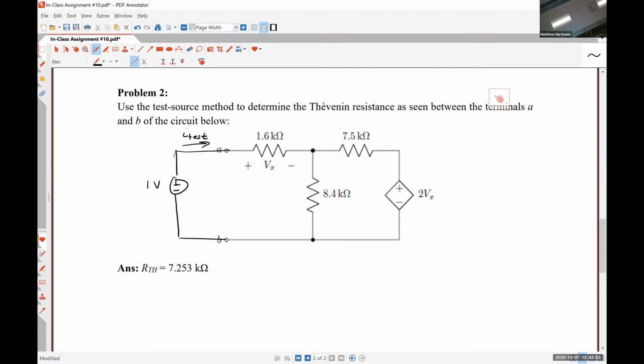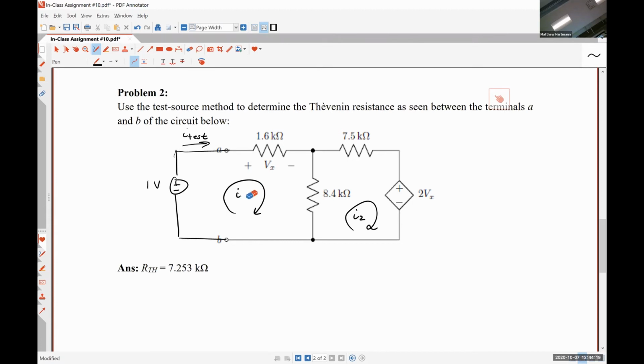I'm trying to find a current. This is a pretty simple system. Mesh should work out pretty easily. 2 equations, 2 unknowns, and the controlling variable. So let's call this guy I1, which is going to be the exact same thing as I test. And this guy over here, and we can leave it as I test. That'll be fine.